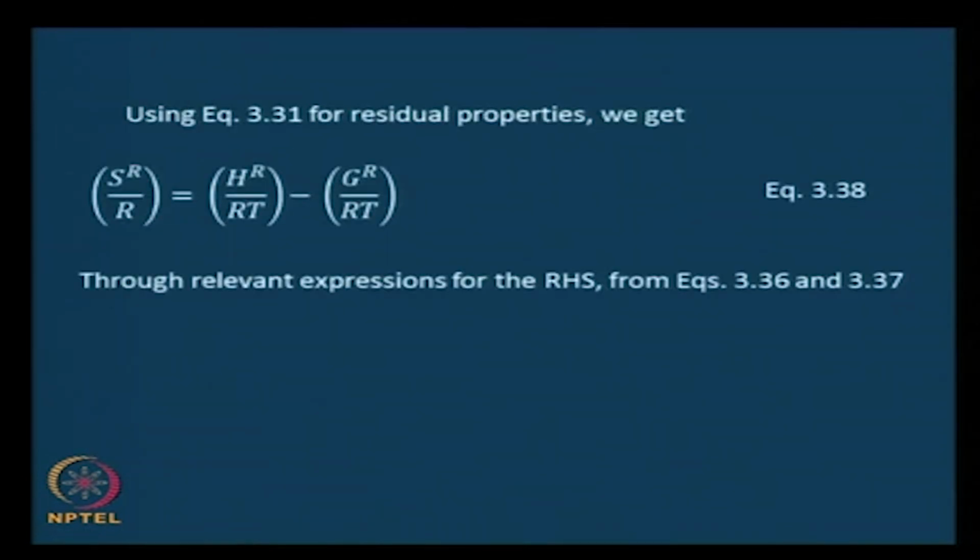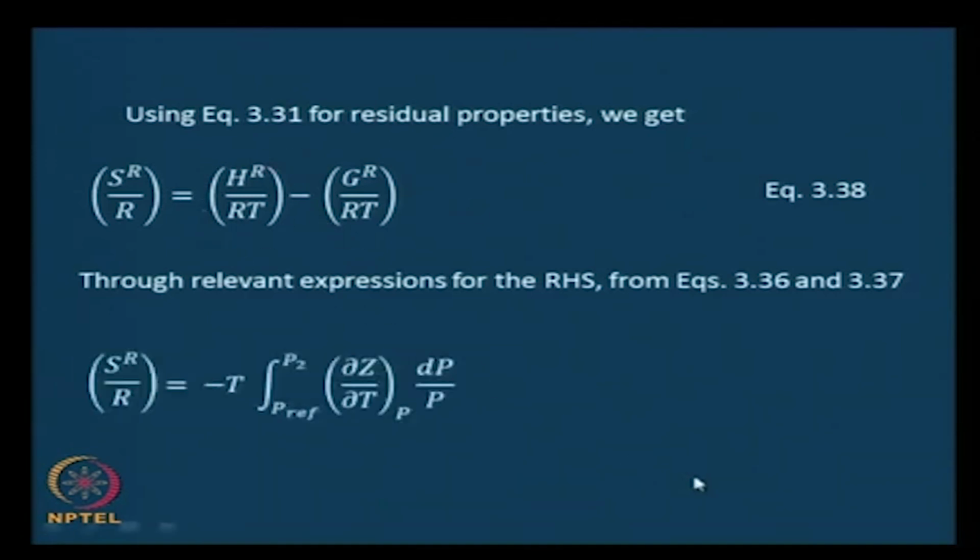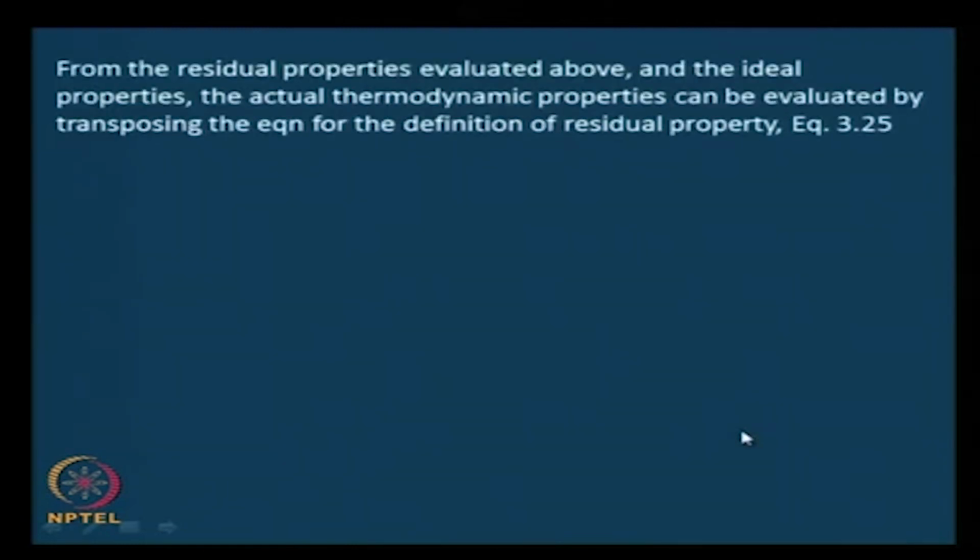Then these are the other residual properties in terms of Gr by RT and other things that we know, and in terms of the easily measurable values, Sr by R was minus T integral of P reference to P of dou T of Z at constant P into 1 by P dP minus integral of P reference to P of Z minus 1 dP by P. And we said that this is quite obvious.